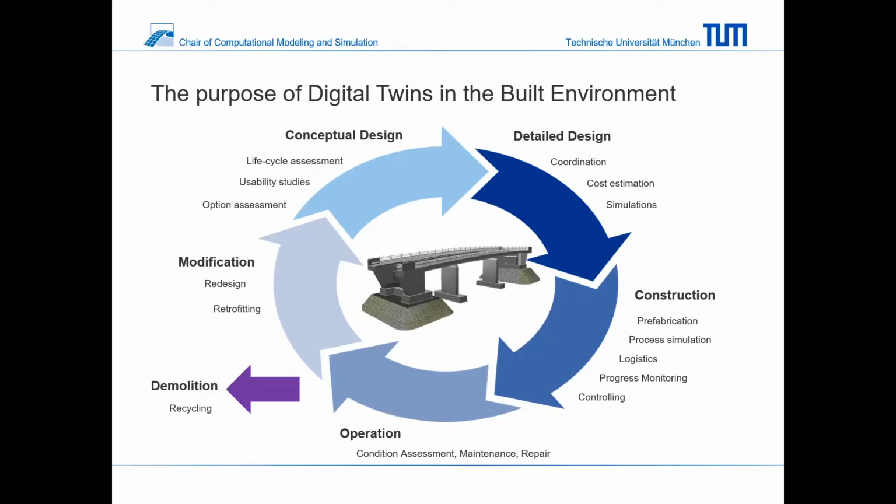I would say that it would make sense to start creating the digital twin as early as possible, because then you can make the most out of it. So a car manufacturer will start to create his digital twin in the very early phases, and he will use it for producing the car. Yes, of course you are right, it's a model, but a digital twin in the end is an assembly of models.